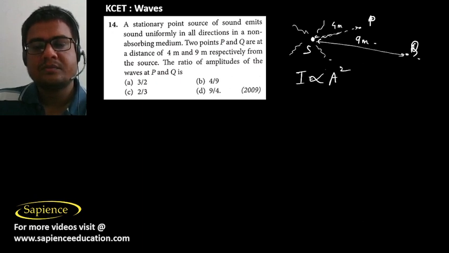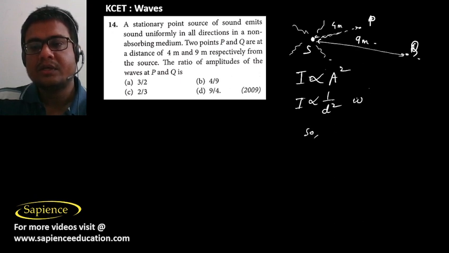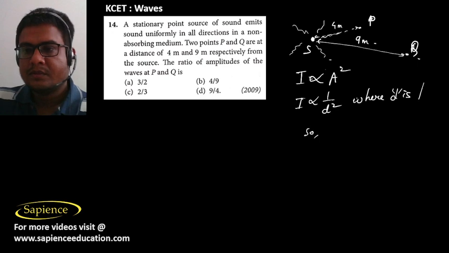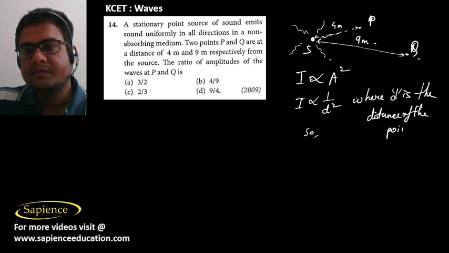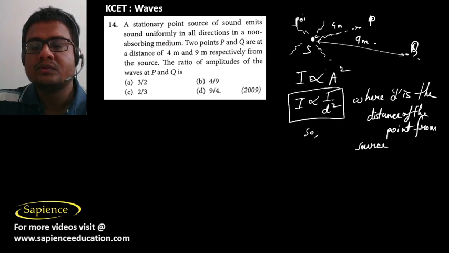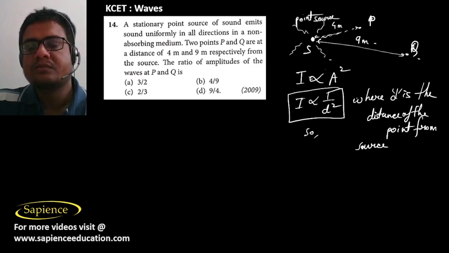Intensity is inversely proportional to d square, where d is the distance of the point from the source, and I is inversely proportional to d square only if we have a point source. It is applicable only for a point source of sound.